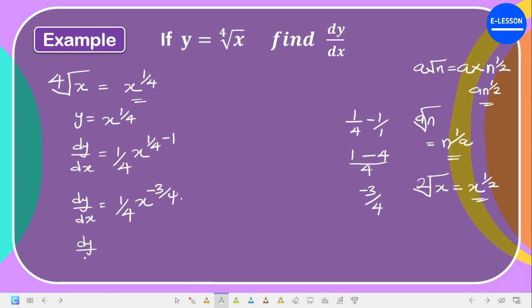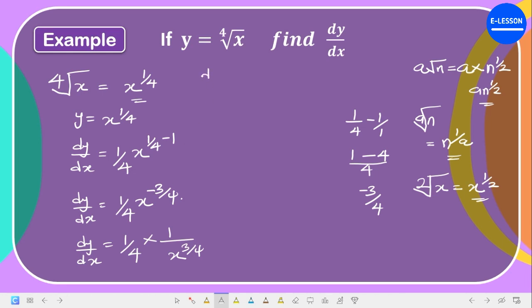Your dy over dx is equals to 1 over 4 times 1 all over x to the power of 3 over 4. Why is it x raised to the power of 3 over 4? We say whenever you have a negative power here, you put 1 all over everything aside from the negative.